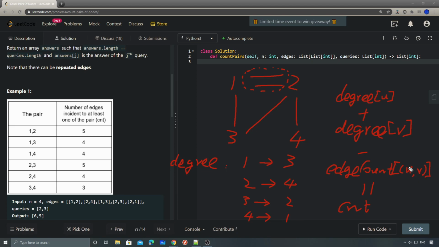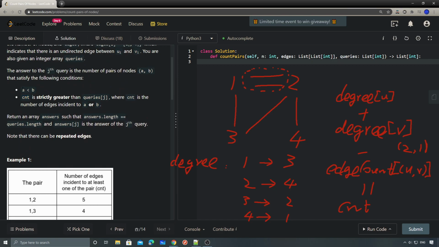So remember here, we only maintain 1 and 2, not 2 and 1, because 1 and 2 and 2 and 1 are actually the same, and we don't want to redo the work, because saving 1 and 2 can represent 2 and 1, since the pair doesn't have a sequence, right?